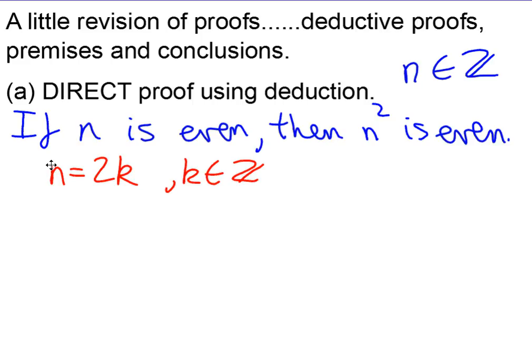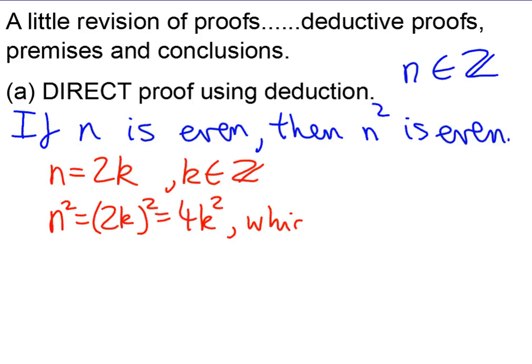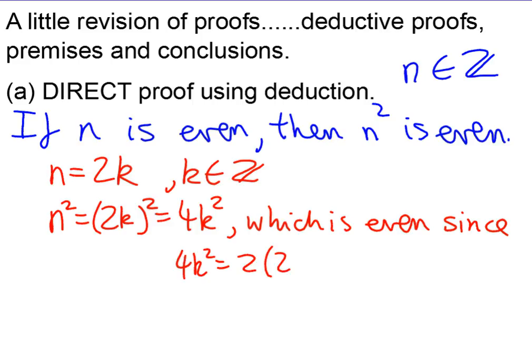And then we can say, if that's n, then n squared is (2k) squared, which is 4k squared, which is even, since 4k squared is 2 times 2k squared.